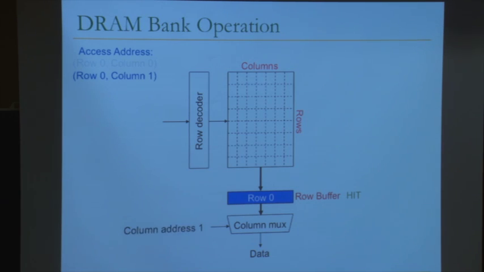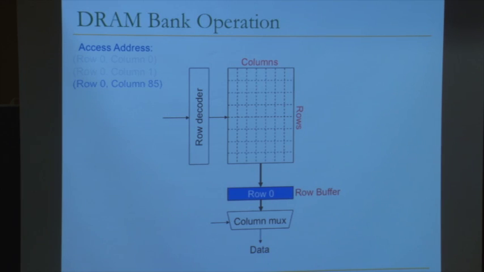The memory controller can just send the column address, and the DRAM chip can mux out the data and send it back. If the next access is to column 85 within the same row, again, this is a row buffer hit. And the memory controller only needs to send the column address, and the data gets muxed out and sent back to the controller. So now you're seeing that these row buffer hits are fast, right?